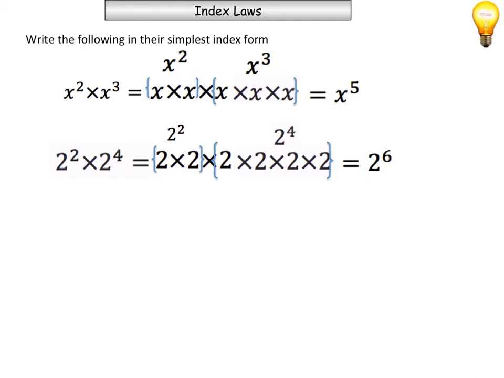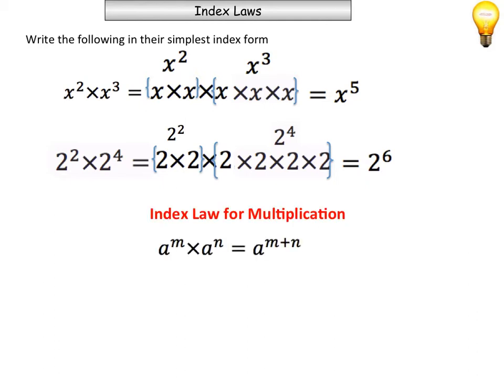If we have 2 and 4, add them together, we get 6. So in generalized form, and the reason why we use a general form is so that we can use this as a rule for any indices, when you have 2 indices with the same base, then you can add their powers.